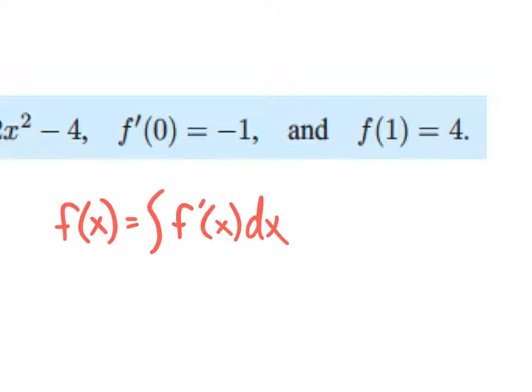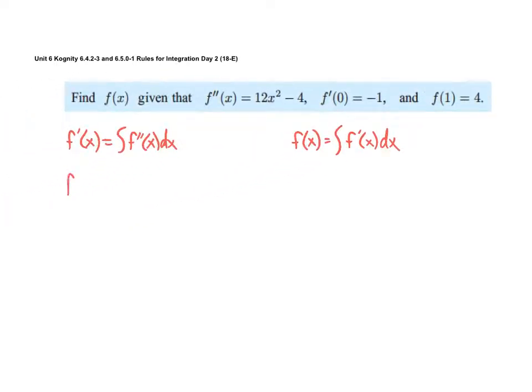It's important to note what points you're given, because after we integrate here and we get f prime is equal to, what's the integral of 12x squared minus 4? 12x cubed over 3, so the 12 over 3 makes it a 4. So 4x cubed minus 4x plus c.